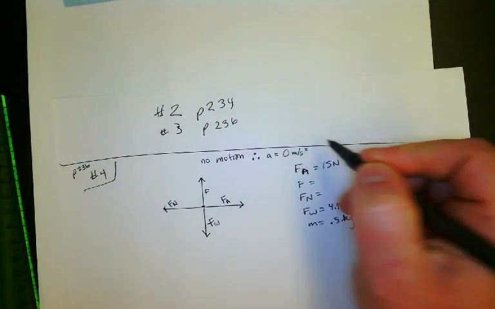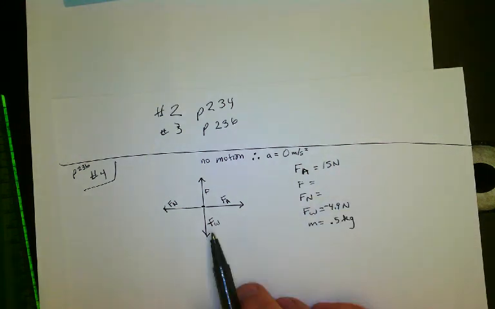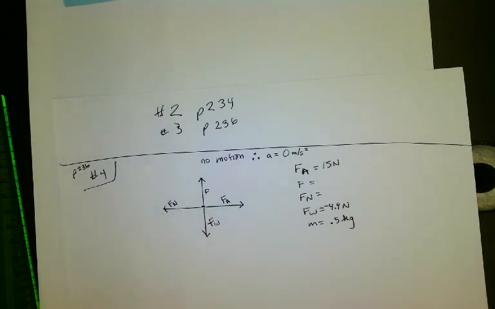For the force of weight, would that be negative or positive? It will be negative. Very good. Thank you. Okay, now if there's no movement, what is our physics going to tell us about the force of weight and the force of friction? They're the same.